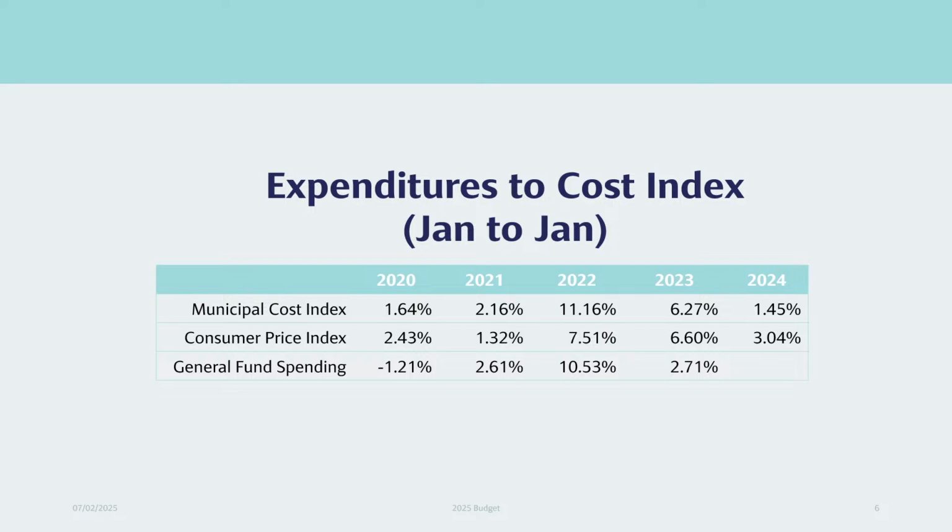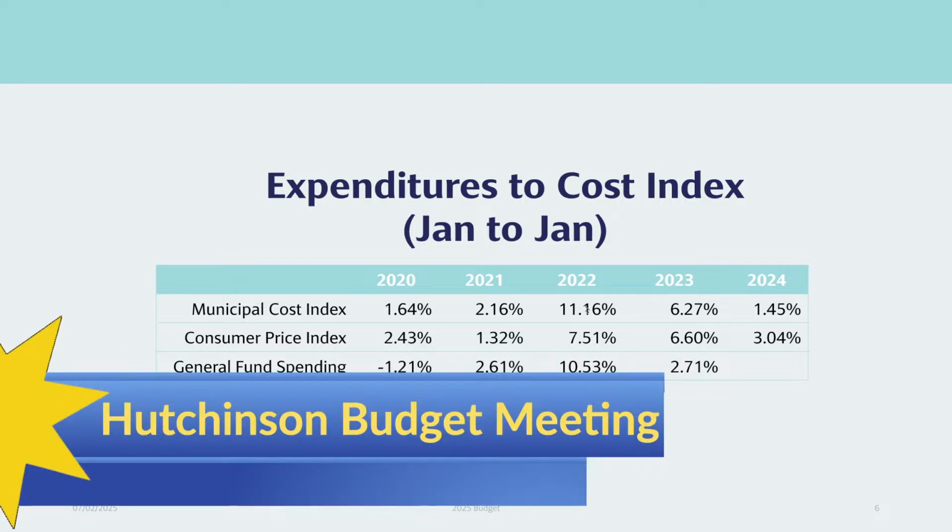If you look at our general fund spending over these years, you'll see that our expenditures have not been exceeding that municipal cost index. So I think we've been pretty good about managing our money and controlling our budget with these inflation trends that we have seen.